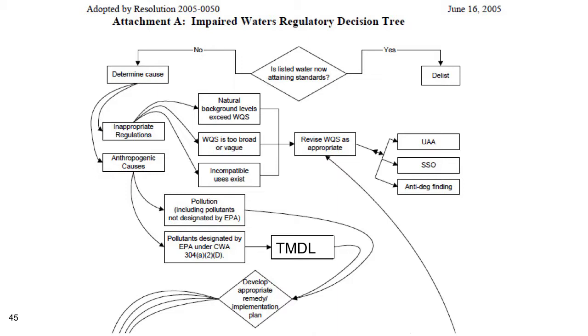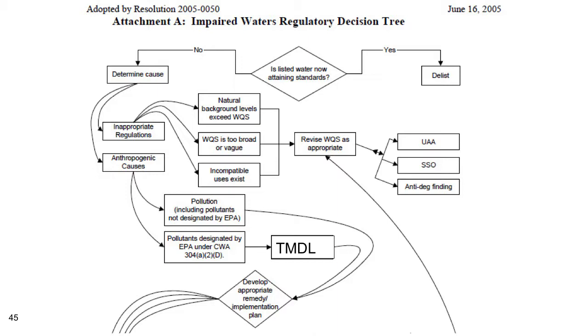I have found that the regions really start putting their time and resources into understanding what's going on at a watershed specific level after you get that impairment. You prioritize which impairments you're going to be looking at, and then you start looking at the standards first. You look at the data that led to the listing. Does it justify an exceedance? Is there other data out there that may not have been considered when you did your 303(d) listing?